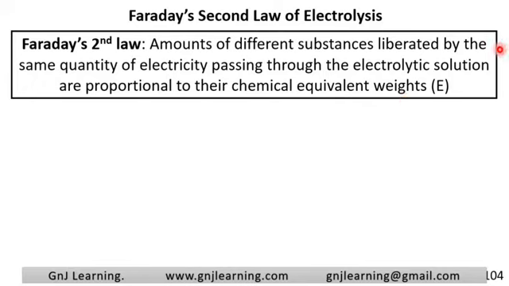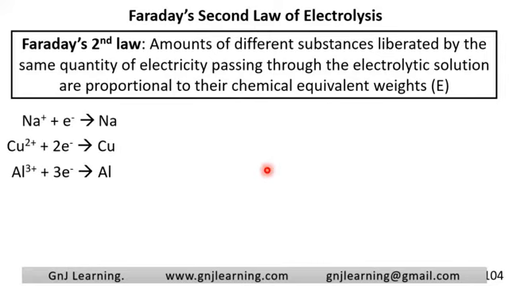To understand this second law, let us see a real example. I have 3 different reactions. In the first reaction, sodium accepts 1 electron and gets deposited as sodium metal at the cathode. In the second reaction, Cu2+ accepts 2 electrons and gets deposited as Cu metal at the cathode.